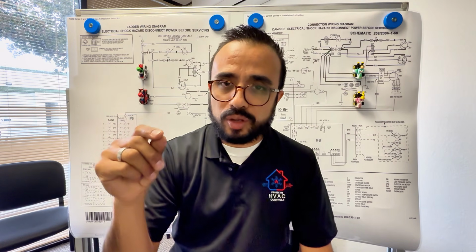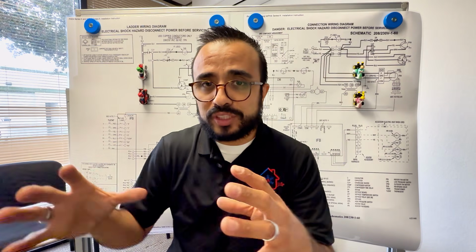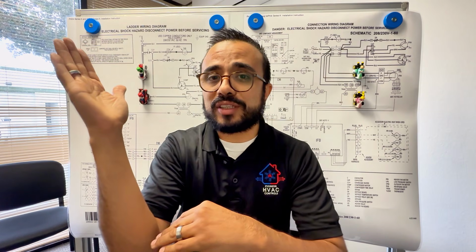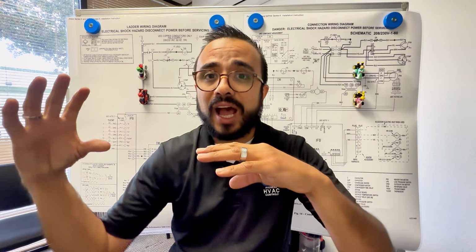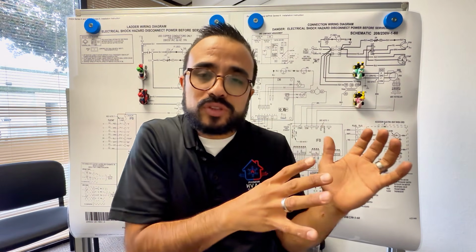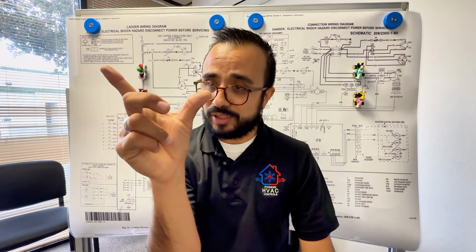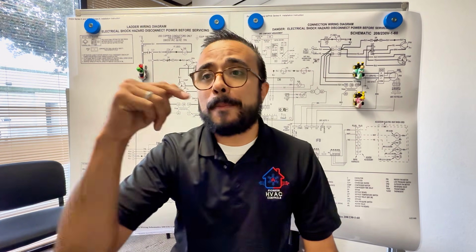Because if the bridge is closed, when it comes to the low voltage, it sends low voltage to the coil, which then allows the bridge to close and sends high voltage through. So yes, there is differentiating low voltage and high voltage, but in either example, is the bridge open, power is stuck. Is the bridge closed, or with our hand closed, power went through. It's going to be doing something.